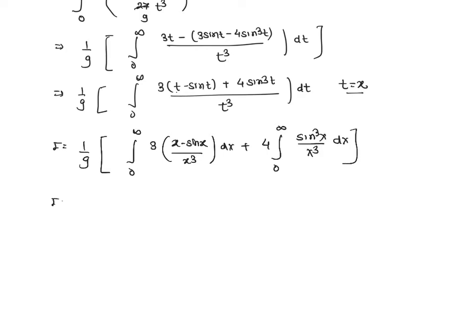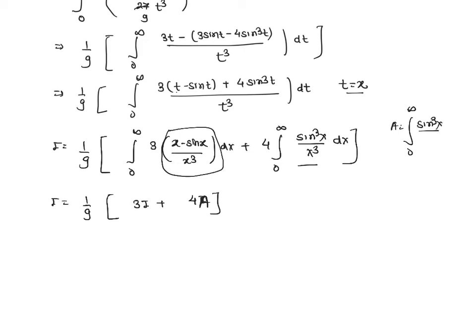So I equals 1 by 9. This (x minus sin x) divided by x cubed is nothing but 3 into I, plus 4 into A. Sorry, 4 into A. We know A is nothing but the integral from 0 to infinity of sin cubed x divided by x cubed dx.